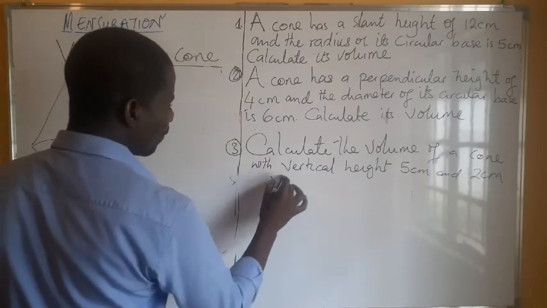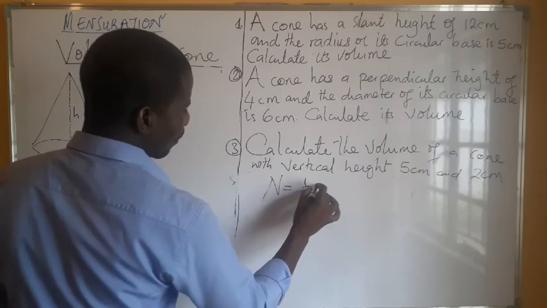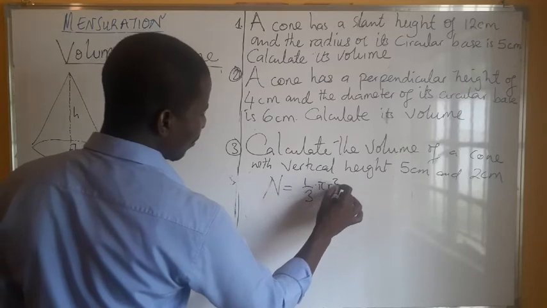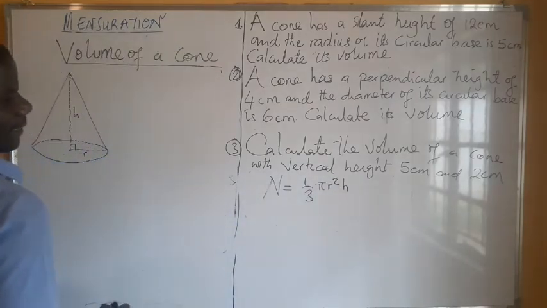The volume of a cone is given by this formula, 1/3 multiplied by the area base. The area base of a cone is a circle, and then multiplied by h, which is the perpendicular height.